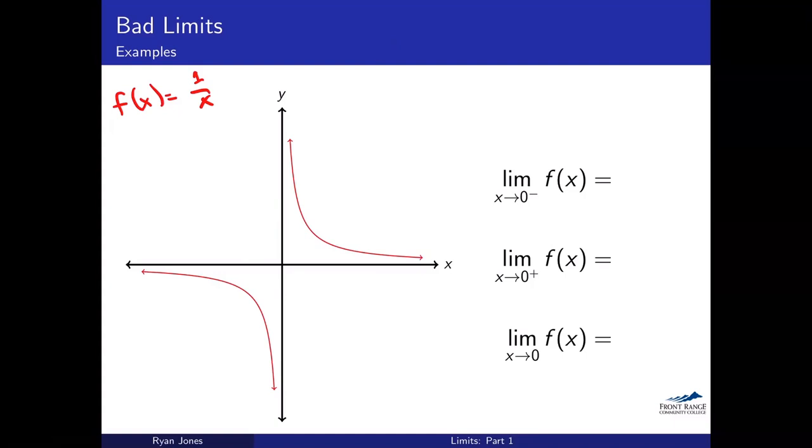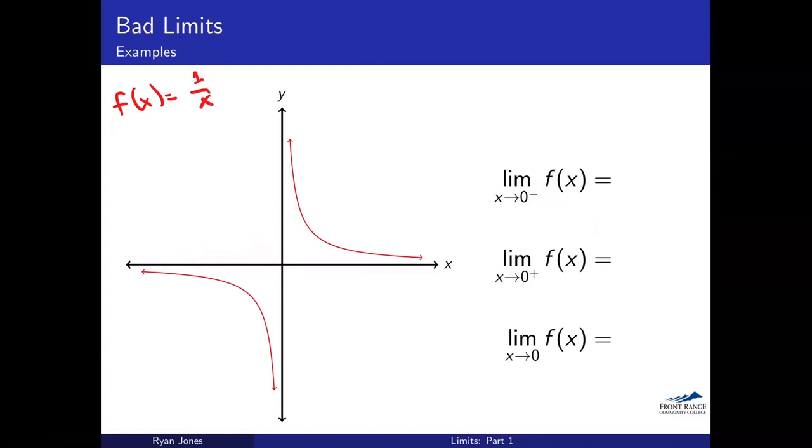If I take the limit as x approaches 0 from the left, and that's the negative superscript on that 0 right there, I've got 0 right here. That's x equals 0. That's all fine and dandy. I'm going to look at this from the left-hand side.